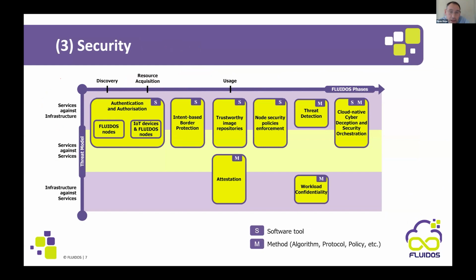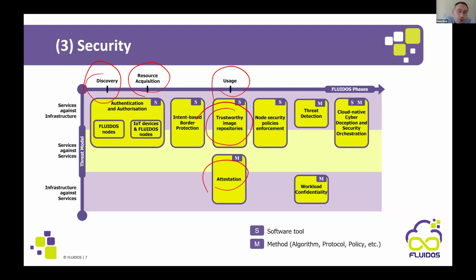And in this picture, we tried to highlight that there are different phases according to the different workflow that we can imagine when you want to buy, acquire, and use the resources. So you have to discover who is there. Then you need a proof of identity. You need to acquire resources, you need to use resources, you need to be sure who is on the other side, you need to be sure that the image repository, so the software that you are running, is trusted.